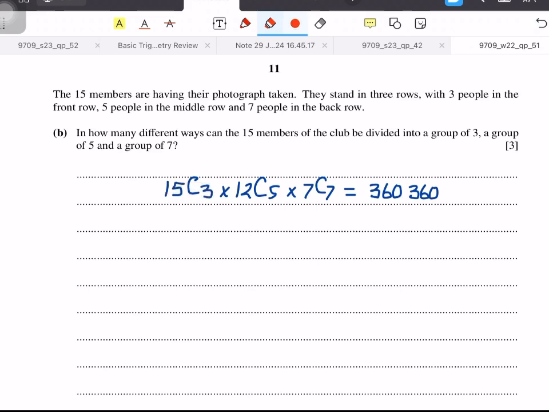After we choose 3 people in the front row, now we choose 5 people from the remaining 12 people. So 12 choose 5. And lastly, we choose 7 people from the remaining 7 people to be in the back row. So the result will be 360,360.